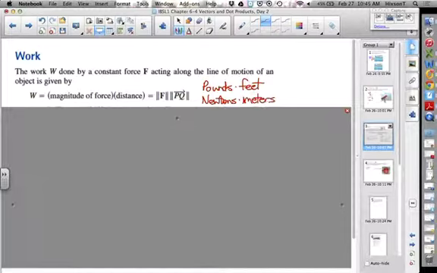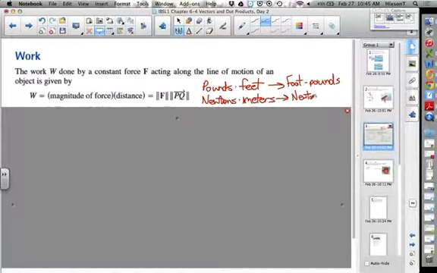And that's how we actually get our units of measure. Our units of measure for work are foot-pounds, or newton-meters.